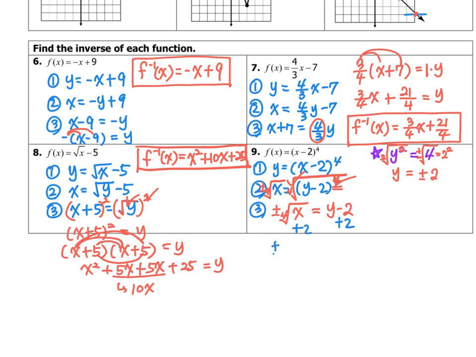So plus or minus fourth root of x plus 2 is y. Now let's rewrite it as an inverse. f inverse of x is plus or minus fourth root of x, plus 2.